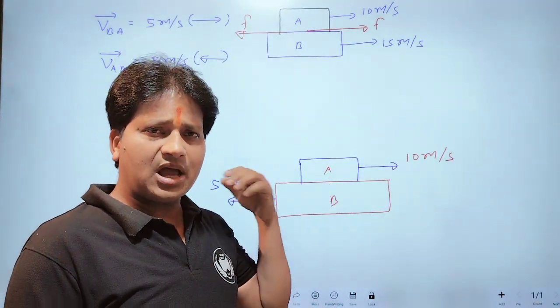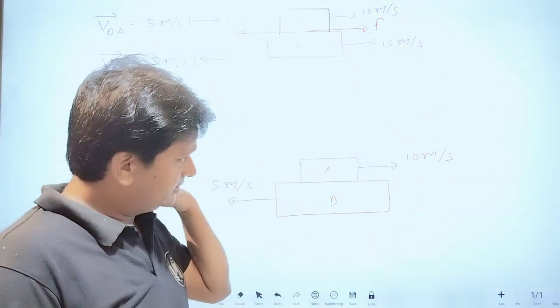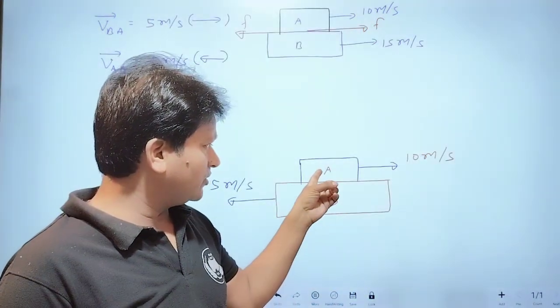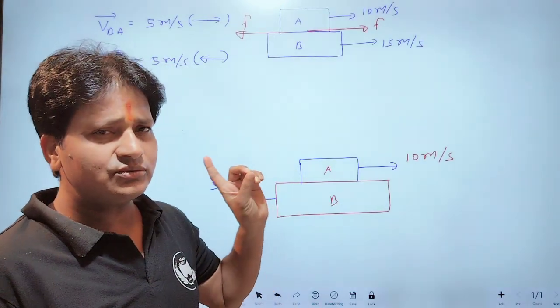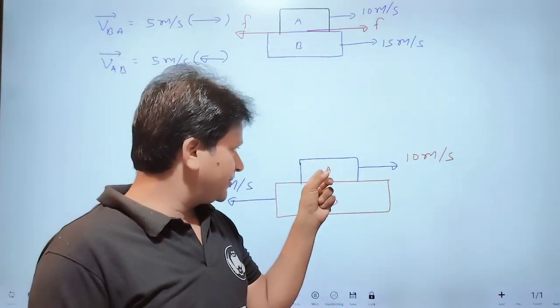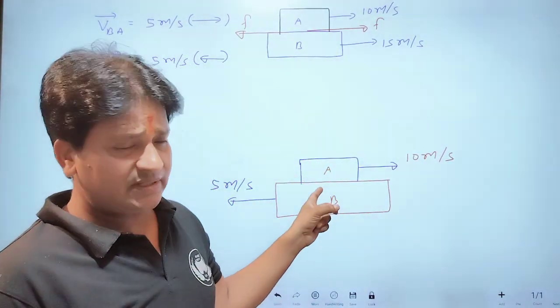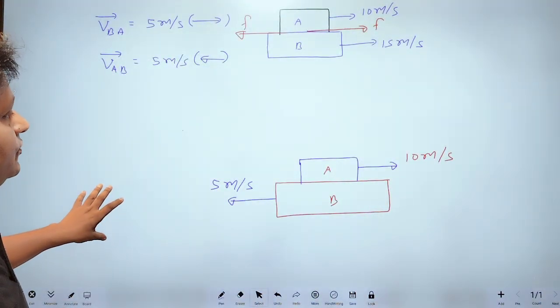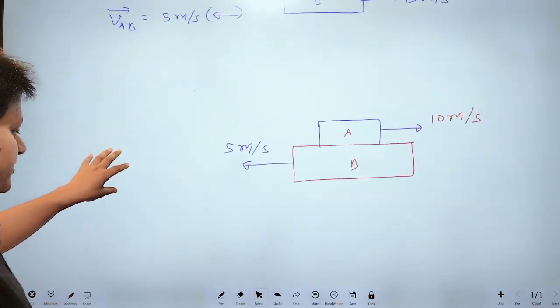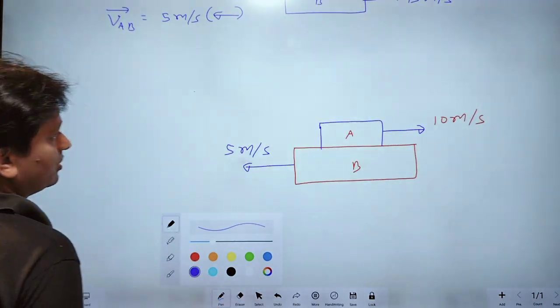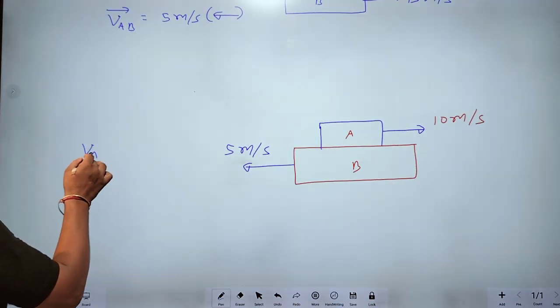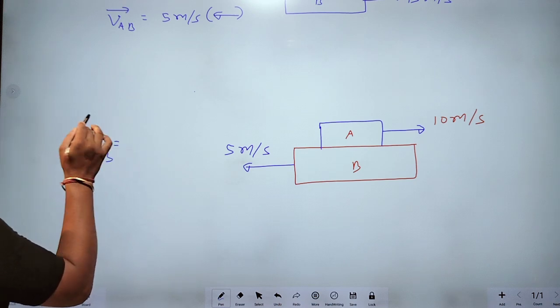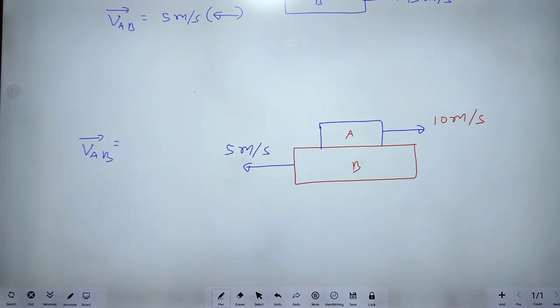First of all, I am going to find the friction force acting on the block A due to B. First of all, we find the relative velocity of A with respect to B. What will be the relative velocity?